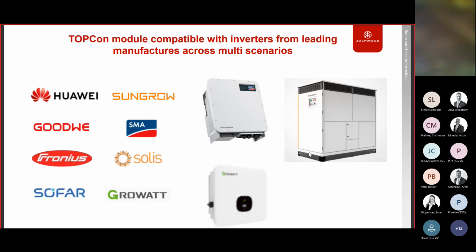Next, for electrical compatibility, our TOPCon modules are compatible with inverters from the leading manufacturers across multiple scenarios, no matter string inverters or centralized inverters, and are fully compatible with the main products in the market.